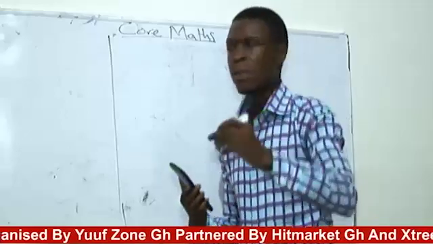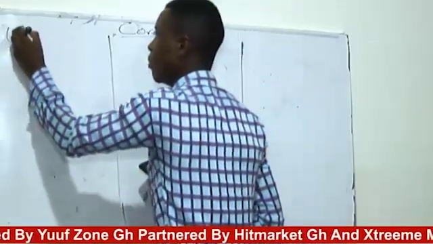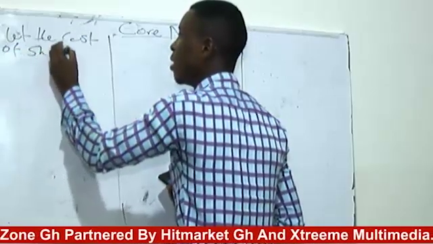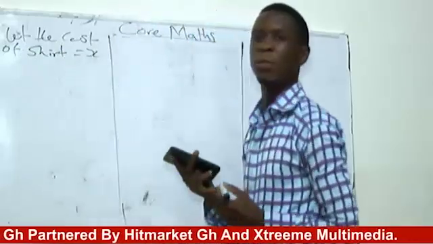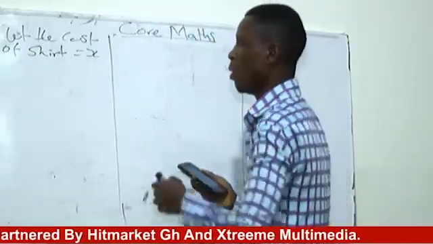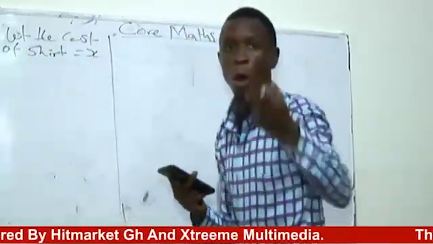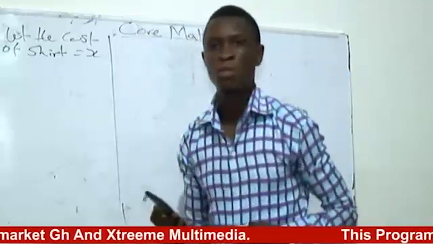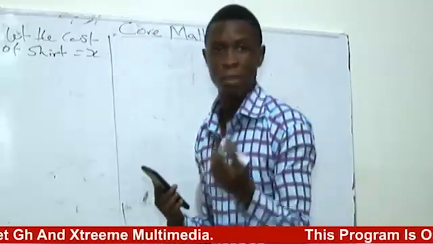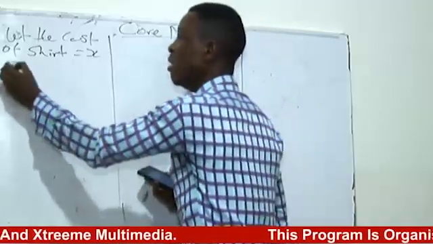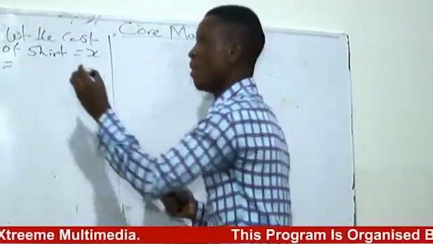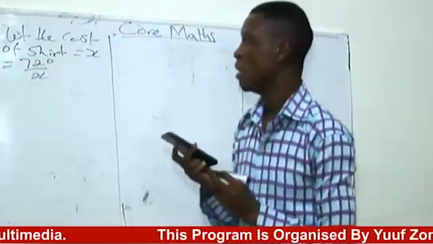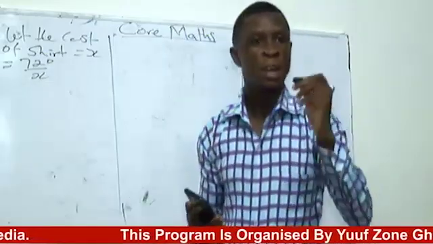So you have to let the cost of a shirt equal S. You have to let it be S. Then you have to look at the number of shirts that the 720 Ghana cedis can buy. So if you want to look at that, then it means you are going to have 720 over S. That is the number of shirts that 720 Ghana cedis can buy.